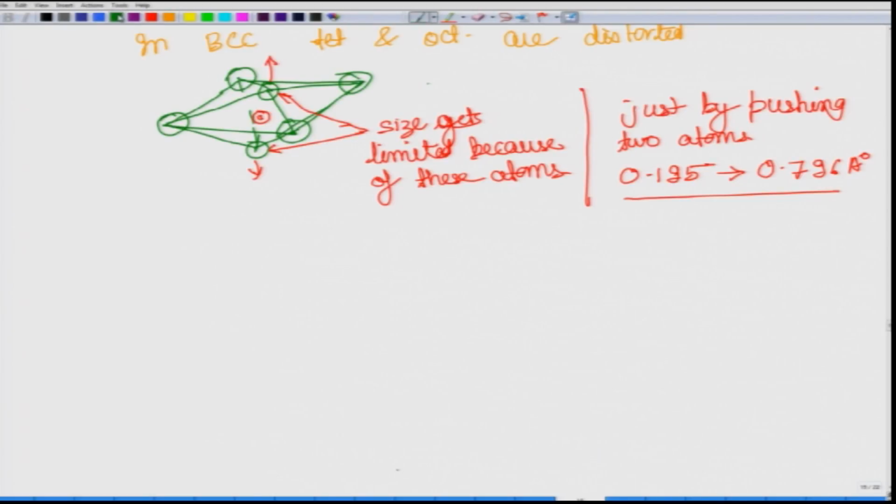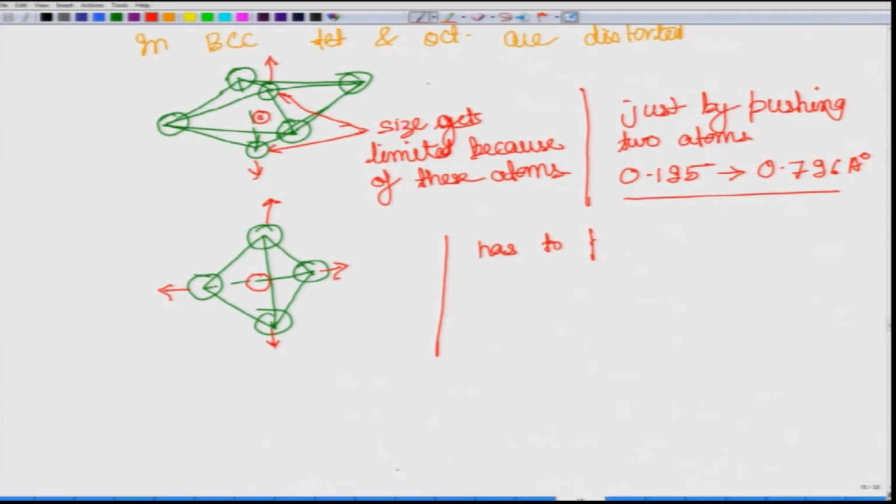Now, if we look at the tetrahedral void, this is also distorted. However, in this particular case, if the atom has to increase the space, it will have to push apart all 4 atoms to fit in the void.